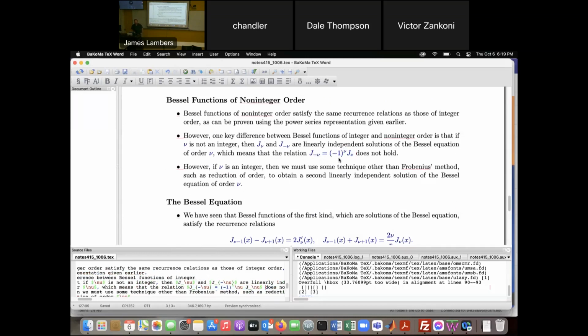That doesn't hold when the order is not an integer. Because if you're trying to solve Bessel's equation of non-integer order using Frobenius' method, you actually get two linearly independent solutions.